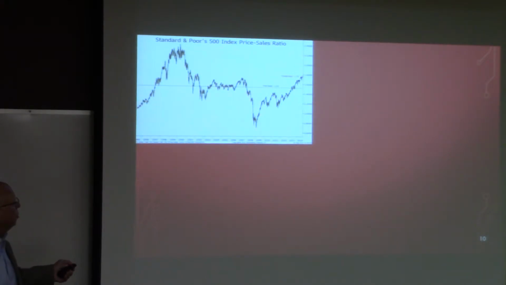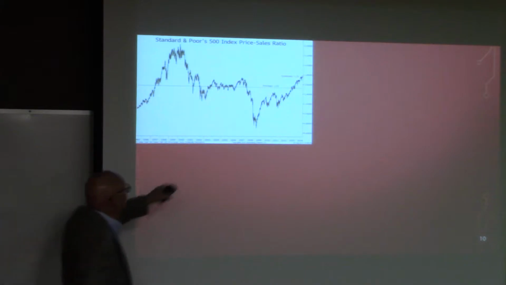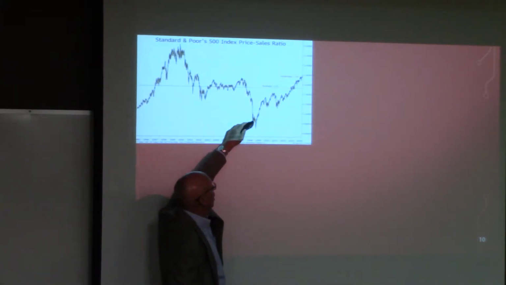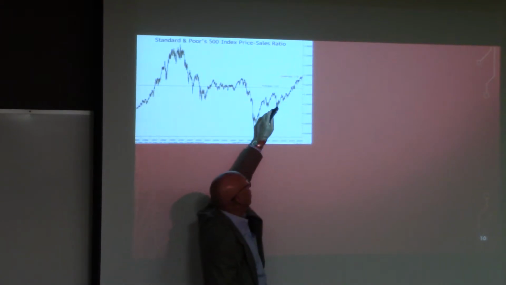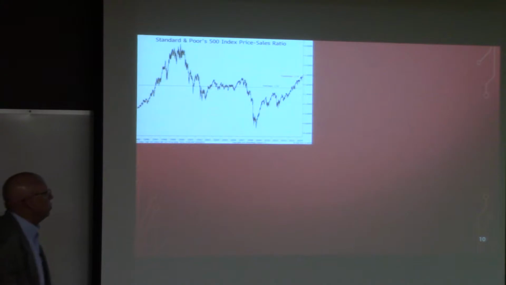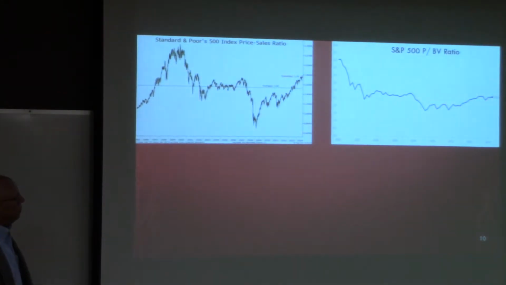Obama comes in 2008 toward the bottom. This wasn't his fault. This was not Obama's fault, all this right here. And then we climb back out. We've had a long bull market run. I'm going to have to update this chart because it stops in 2014. We'll have to bring that forward.